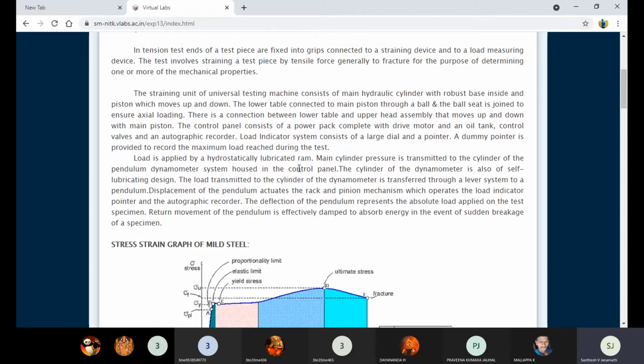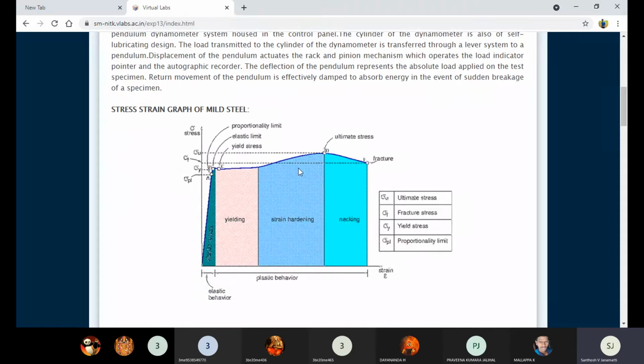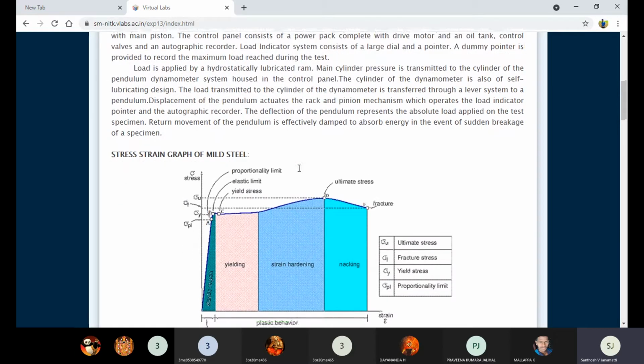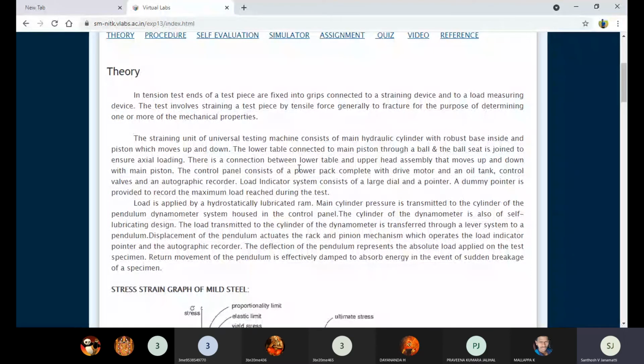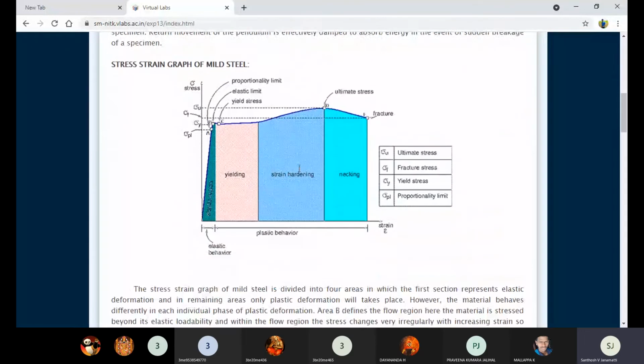Many of the ductile materials need to undergo the tensile test, because most commonly we can determine the ductile property of the material. These ductile materials have excellent deformation, so we need to take the tensile behavior of these engineering materials.